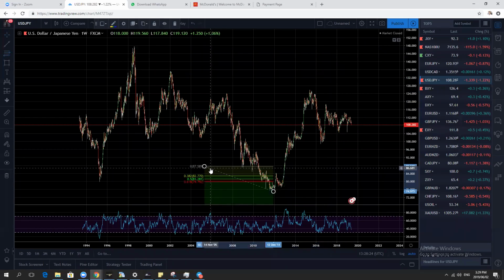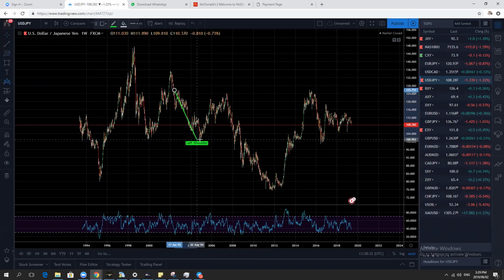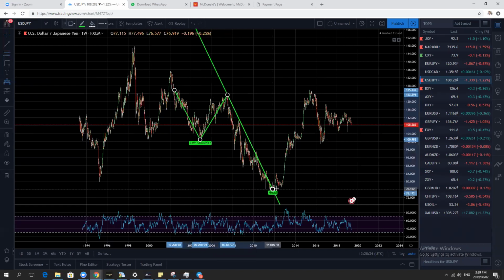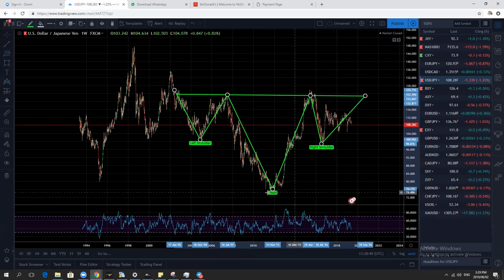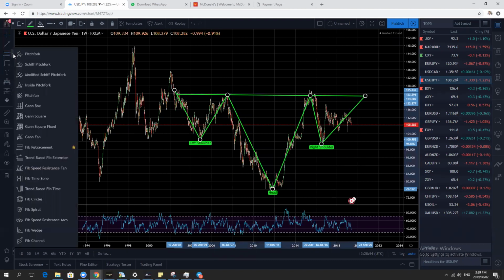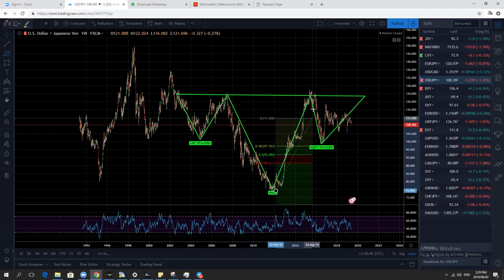So on the pair USD JPY, I saw this. My favorite reversal pattern is basically head and shoulders. It works for me all the time. That's what I saw, and I wanted to see if it confirms that.